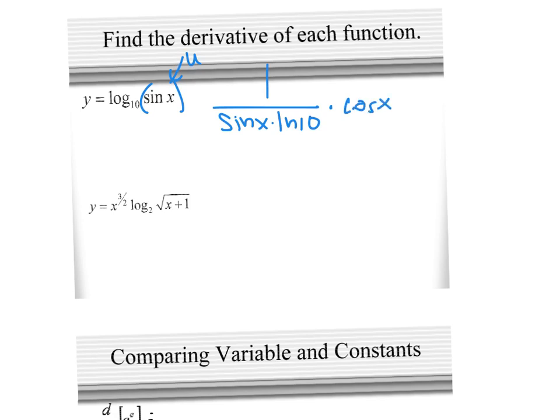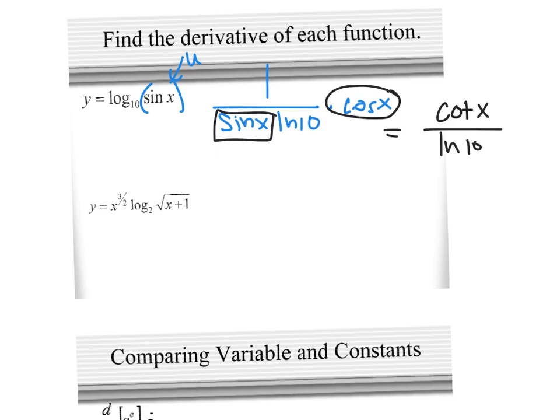This you can actually clean up a little bit more because if I look at my numerator, this is my numerator, this whole thing is my denominator, but there's a sine of x in my denominator. And what is cosine over sine? Cotangent, yes. And again, just leave the ln of 10, even though it looks ugly, it's fine.